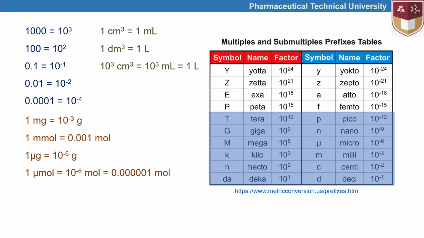We had better keep in mind the prefixes like tera, giga, mega, kilo, hecto, deca, which are used in different calculations. This may not be used much, but we had better keep these prefixes in mind.